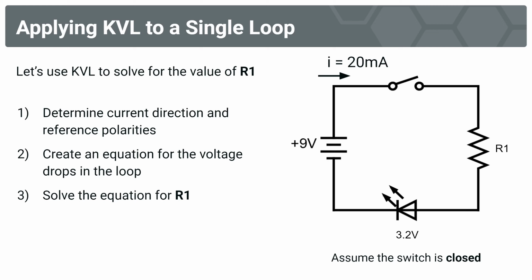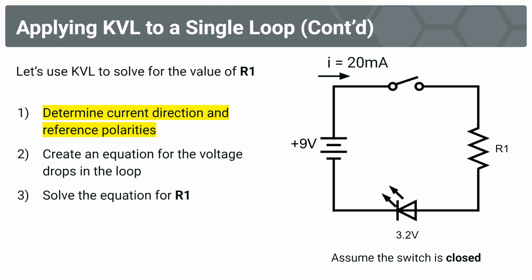Now you know the voltage of the battery, you know the voltage of the LED, you know the recommended current that should pass through the LED, and that recommended current you will set based on the resistor value we'll choose, because the higher the resistance, the lower the current, the lower the resistance, the higher current flowing through the closed loop. We can use KVL to solve exactly that resistor value.